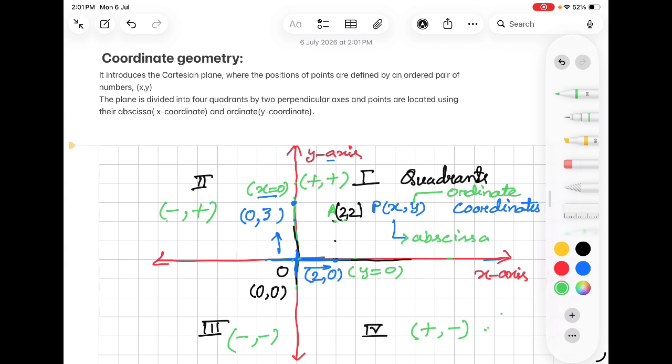In the fourth quadrant, the x coordinate is positive because it is right side of O, and the y coordinate is negative because it is downward of the origin. So in this way you can remember.